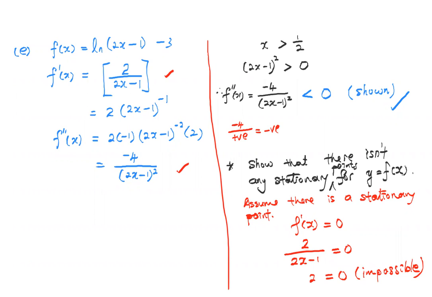Every time there is a question, is there a stationary point? No. If there is no stationary point for this case, that means there is no optimum value. If you look at the graph for part F, the graph will go like that. This is your asymptote, x equal to half, and the graph goes like that.